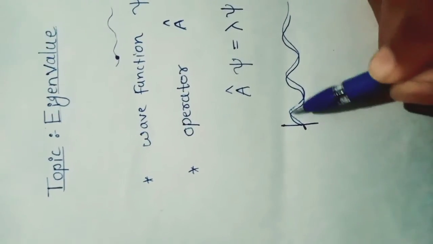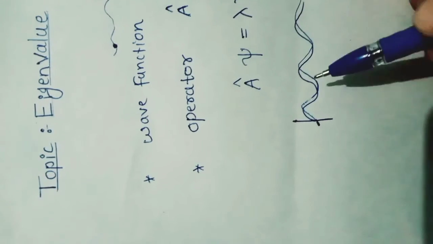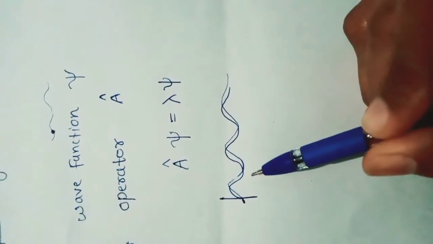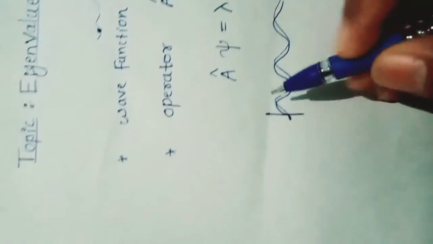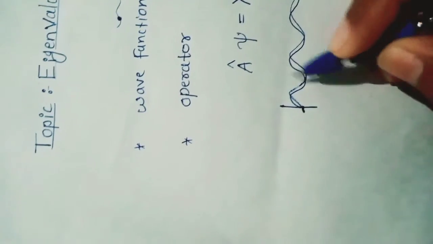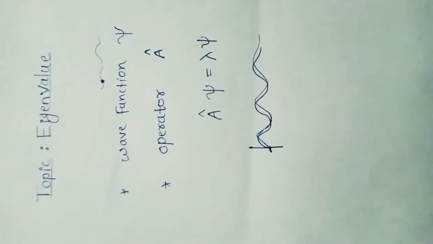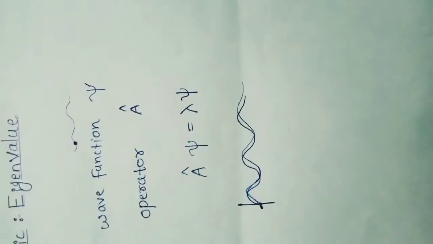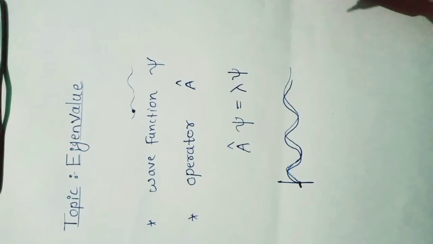Let's see, this shape is completely different from the initial considered wave function. So by applying operator, shape of the wave function is completely changed here, and we get a new wave with new shape. It's clear?